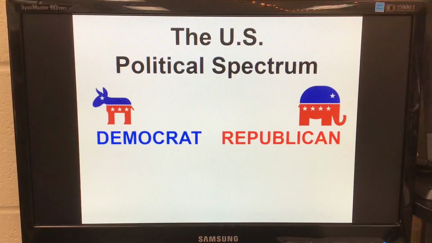I know that even in your social studies classes, you've seen some of his political cartoons, guaranteed. But he was the first to draw the Republican and the Democratic parties as an elephant and a donkey. And part of the reason is, do you guys know what elephants are known for? For their memory, for their long memory.